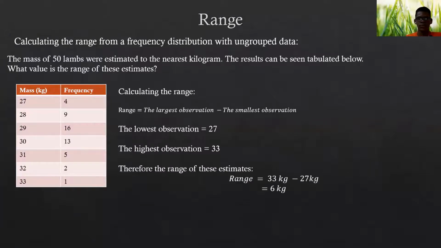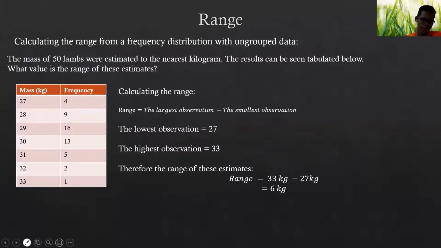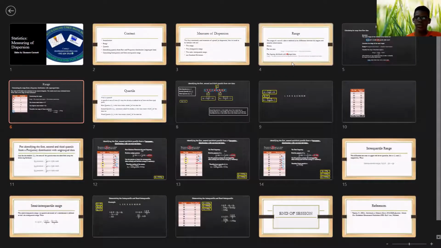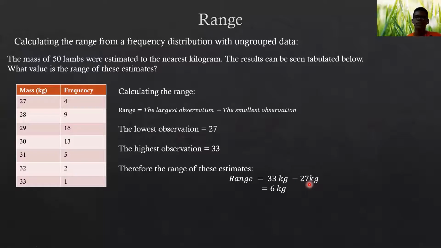That was a mistake on the slide. The same mistake came back from before. All right, so largest observation minus the smallest. That'll give you your range.